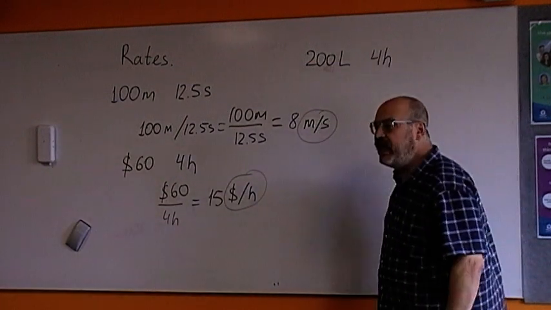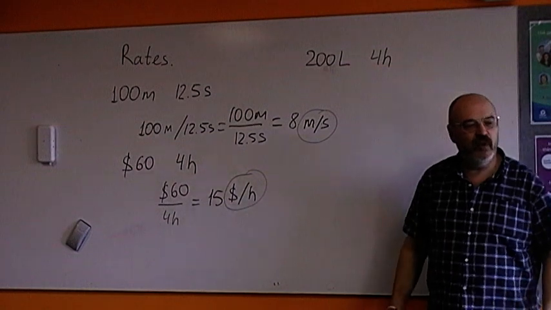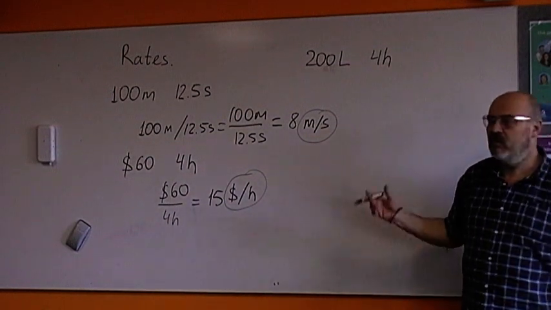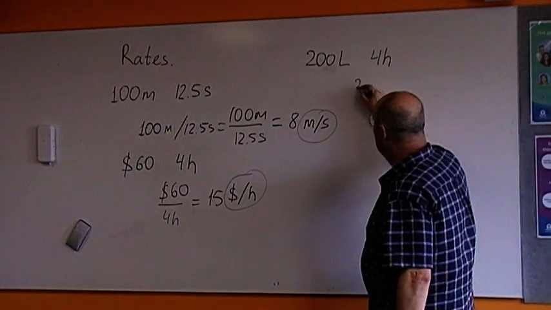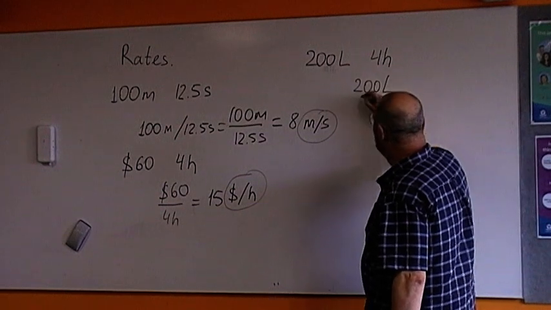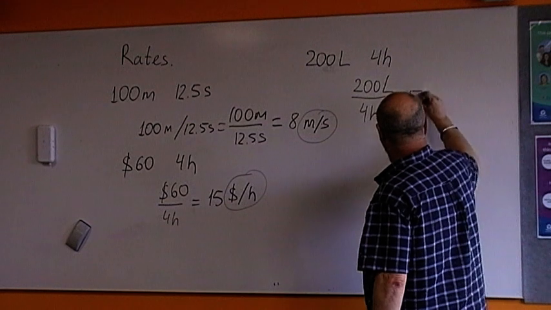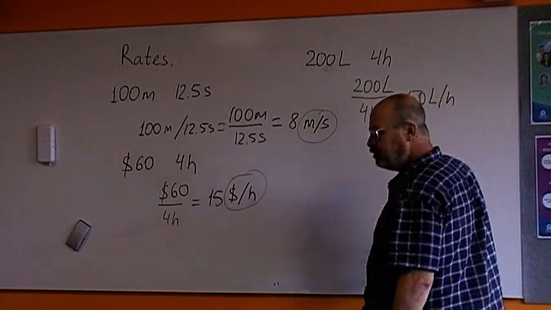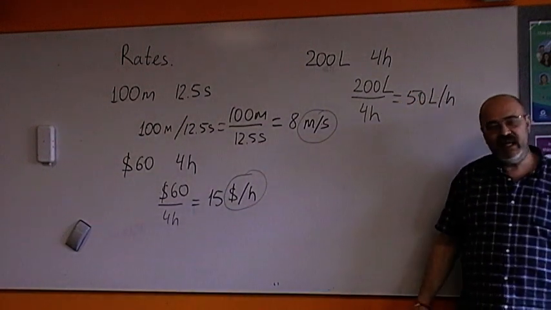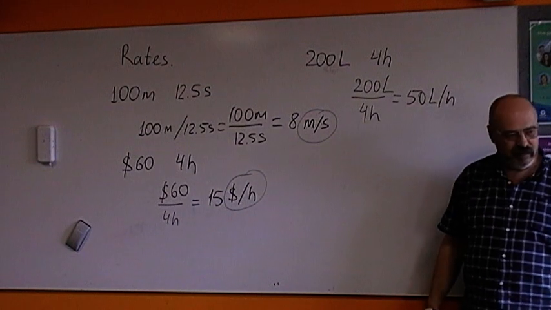At what rate is water flowing out of the pool? 200 liters divided by 4 hours equals 50 liters per hour. Makes sense what a rate is?